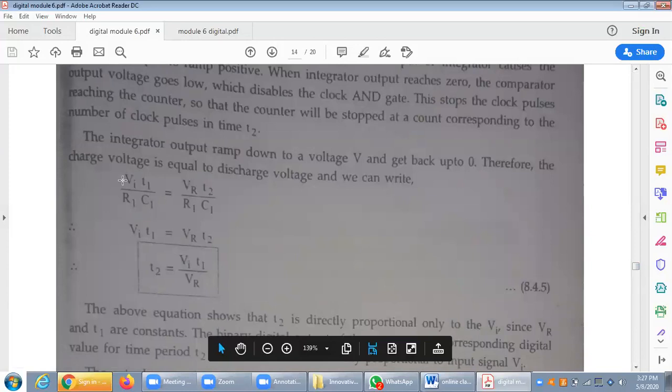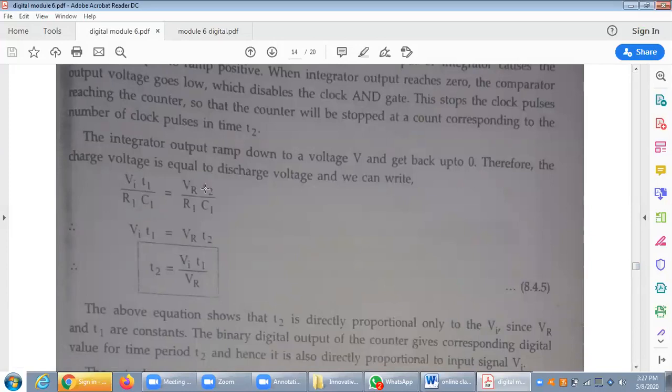Initially we applied VI, and the RC constant is R1C1. Then we connected VR, and it will take T2 time, again with R1C1. So both are equal, and R1 and C1 get cancelled.